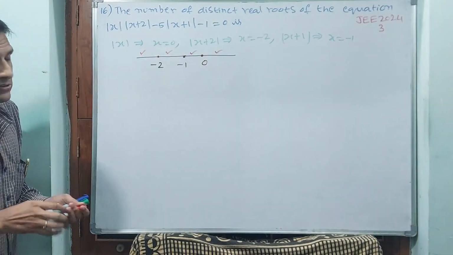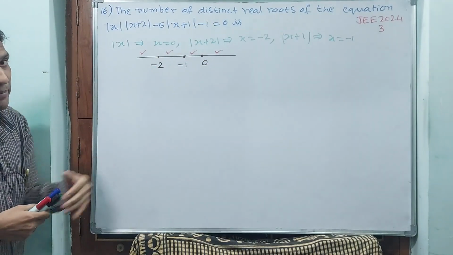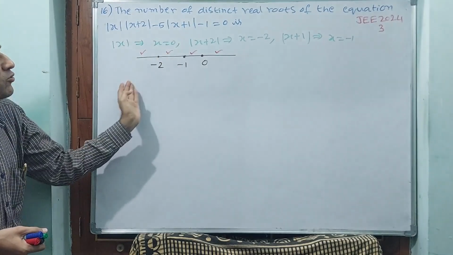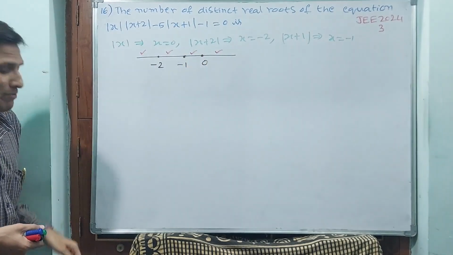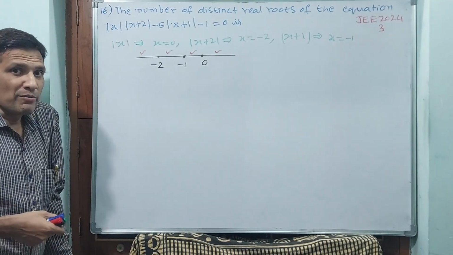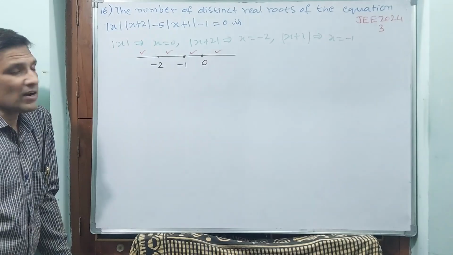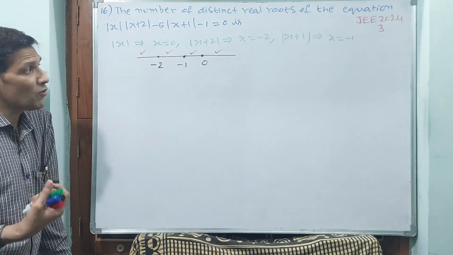In every area, if any real root, not complex number, is there, then one root we will add, and total 4 roots. If 2 roots are there, 8 roots will come. Maximum 8 roots and minimum 0 roots, because we don't know. If all are not compatible, then 0 roots. But 3 roots are coming as per the answer. Let us see how it is going to come.